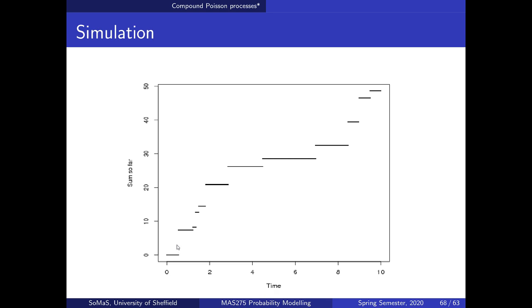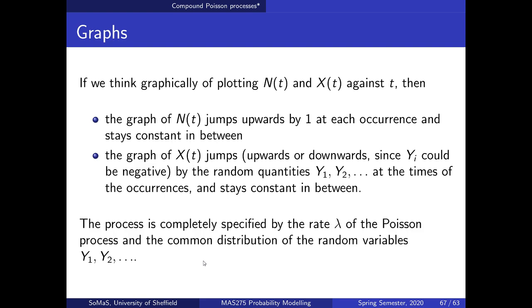This may remind you of the graphs of N of t we saw before, but here, as you can see, the jumps have different sizes. Before, we always jumped upwards with a jump size of 1. Here, the jump size is my random variable Y1 here, Y2 here, Y3 here, Y4 here, and so on. However, the jump times are the times of my Poisson process.